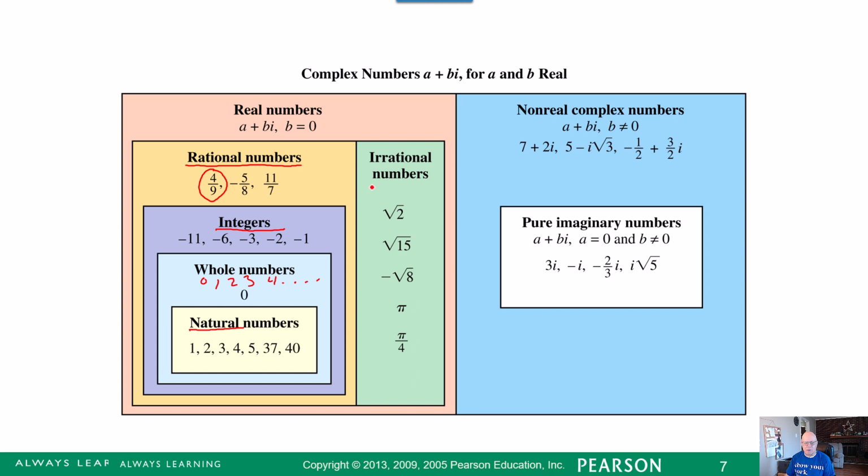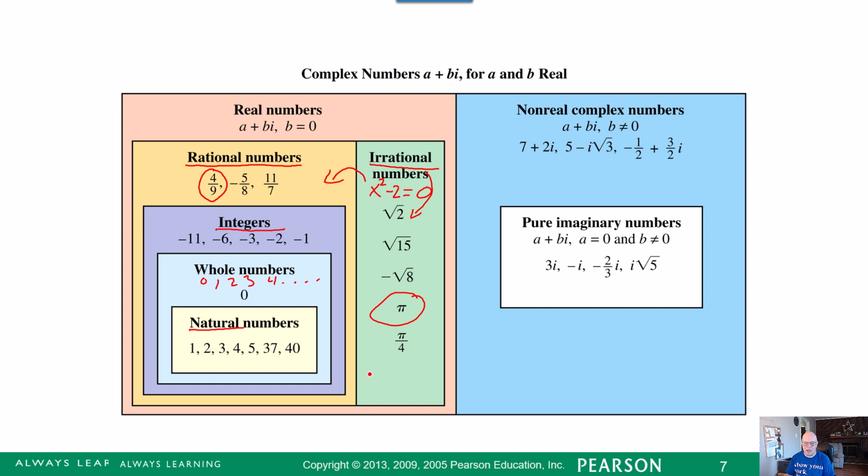For example, x squared minus 2 equals 0. It doesn't belong to any of those sets of numbers. So irrational numbers are also included. Notice also not only square roots and cube roots and fourth roots and all those, but pi is one there too.